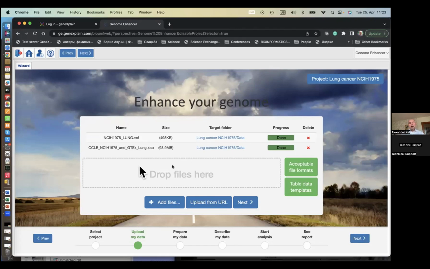So I just dragged and dropped these two files, as I showed before how to do that. The system automatically recognizes the type of the data. You see this VCF, which is a standard format for inputting genomic mutations, and it recognizes it as genomics data.